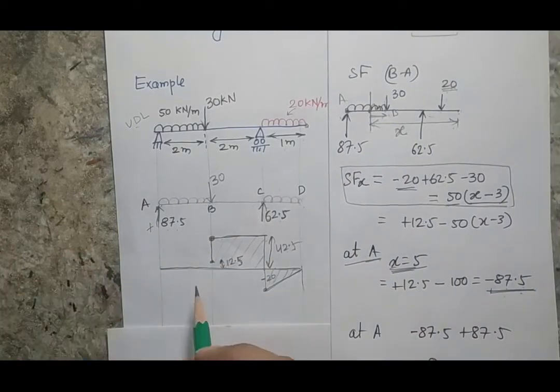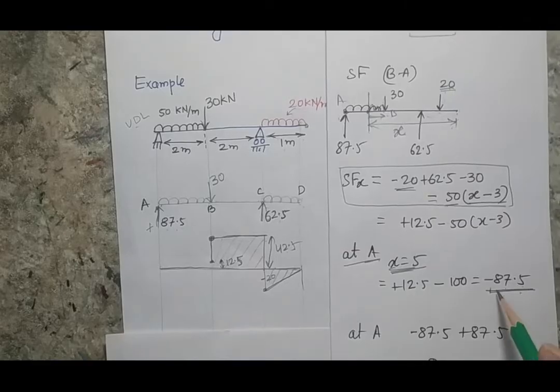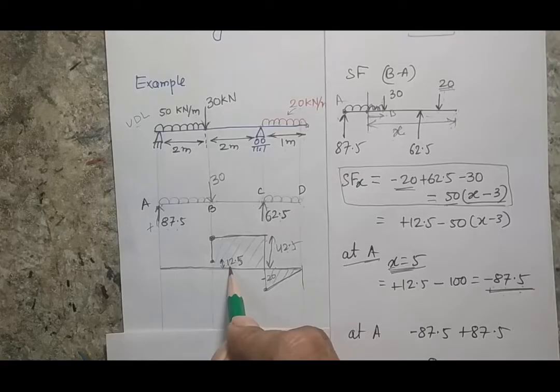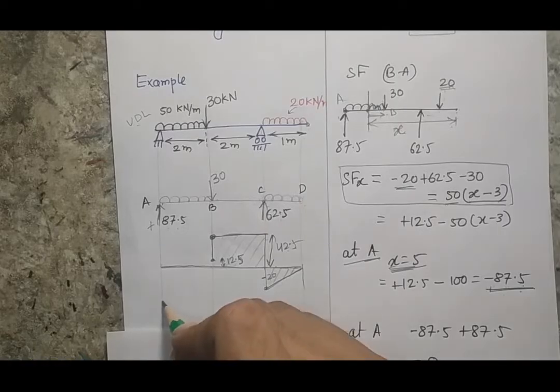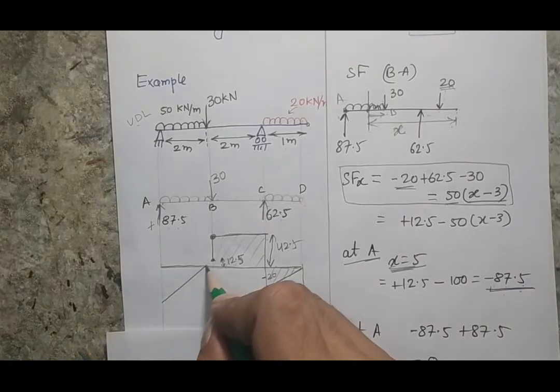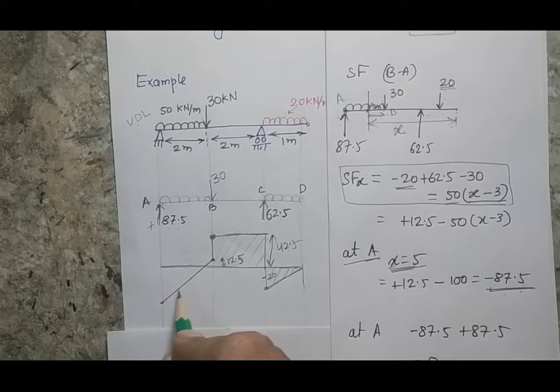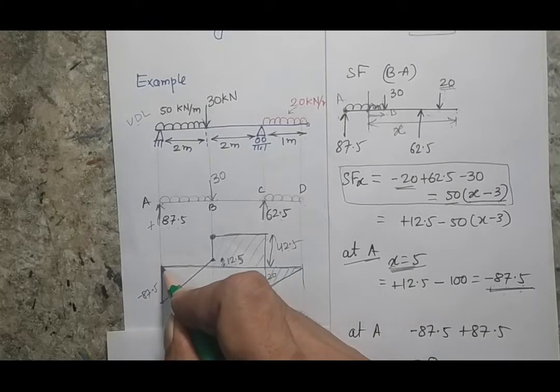So your diagram will look like this: you are currently at 12.5 in the plus direction, so you will go somewhere here, that will be the minus 87.5, and ultimately you will reach back to this position.